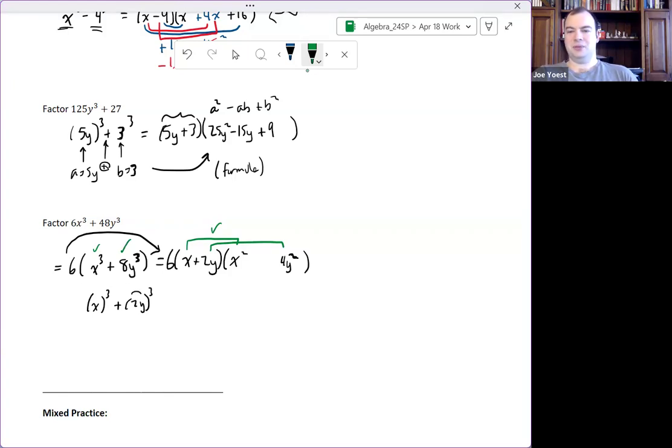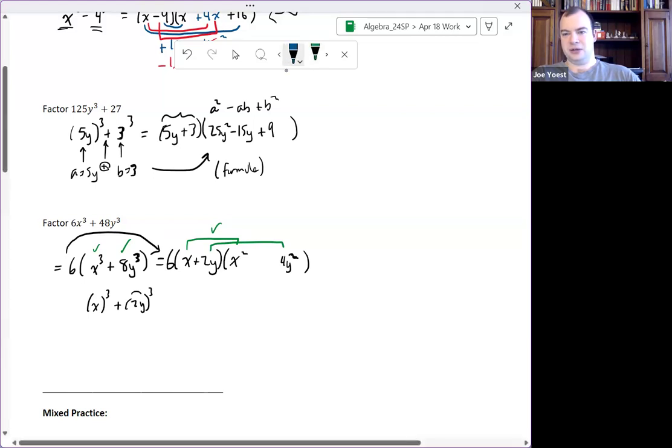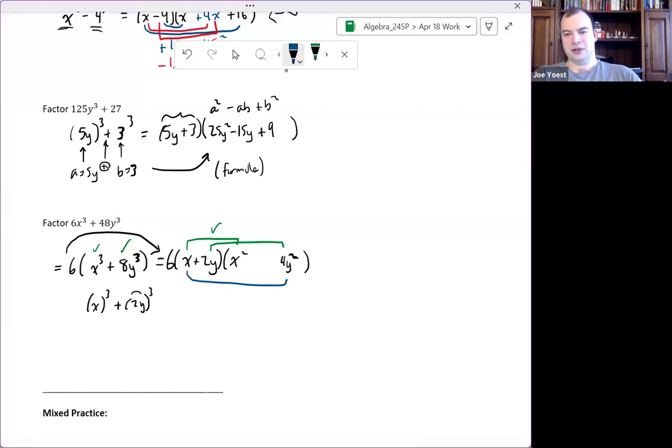That's also a piece that I want to keep. But I get some extra stuff that I don't want. In particular, I get x times 4y squared, or 4xy squared. And I get 2y times x squared, or plus 2x squared y. I'll write it like that.